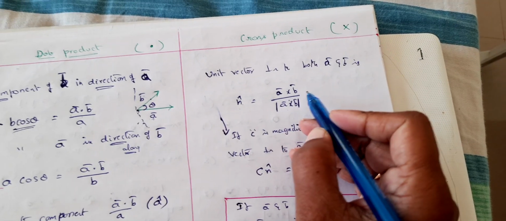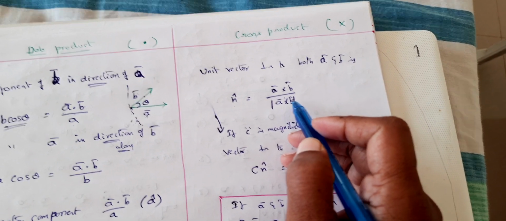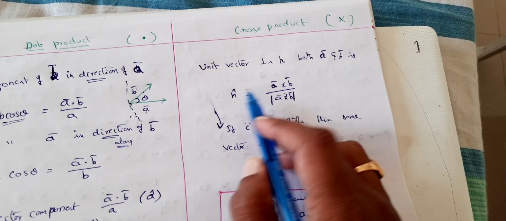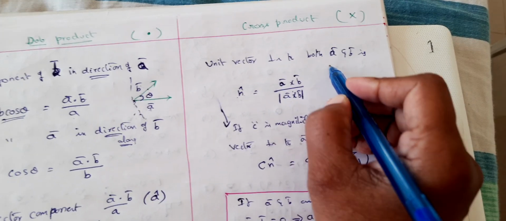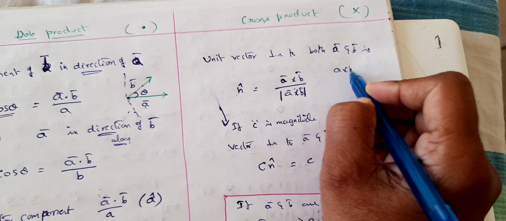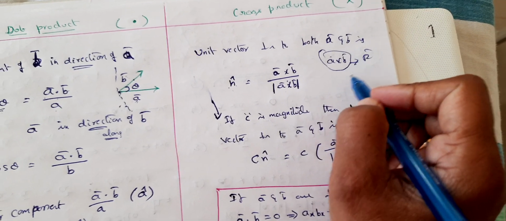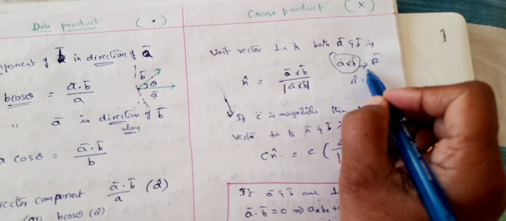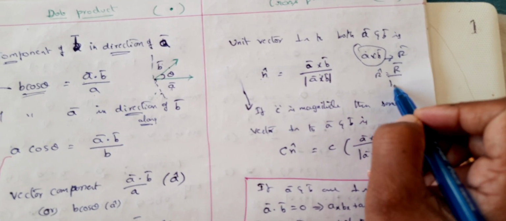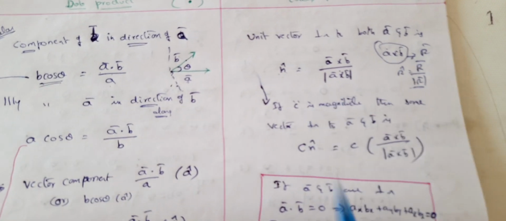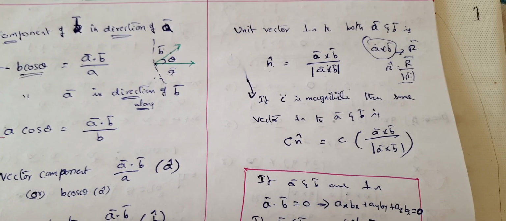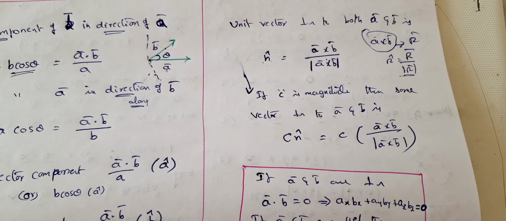So what you can say is that the one which is perpendicular to both a bar and b bar is a bar cross b bar, and this is a vector now. If I call it r bar, what is r cap? r cap is equal to r bar by modulus of r bar. That is what I am writing here: a bar cross b bar by modulus of a bar cross b bar.